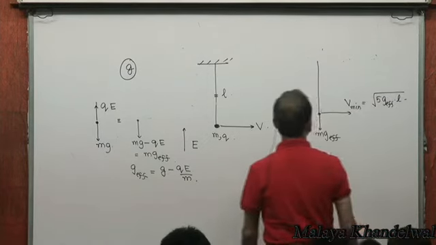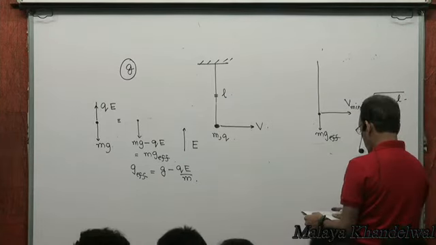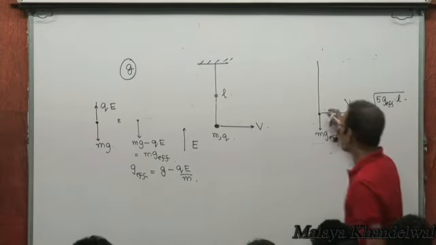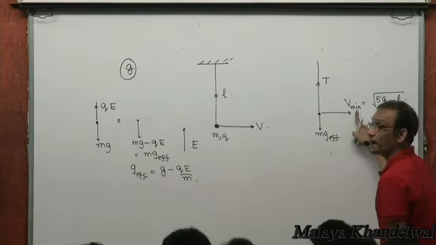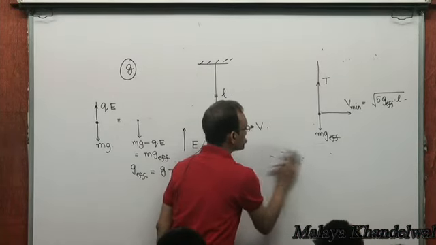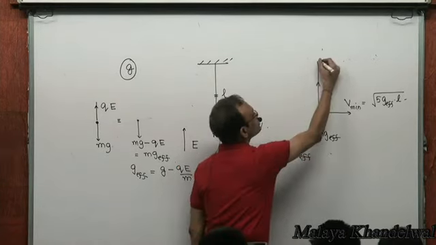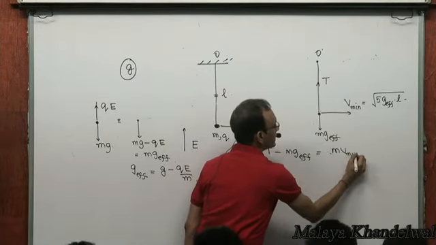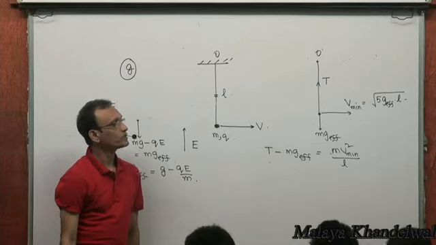And again, the next part of the problem, what would be the maximum tension in the string? The maximum tension is at the bottommost point, right? So if T is the tension at this point, for which the applied velocity is V minimum, then T minus mg effective will give the required centripetal force directed towards O. That must be m V min squared divided by L. Yes or no?